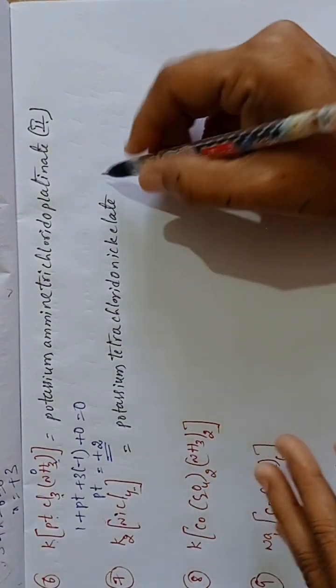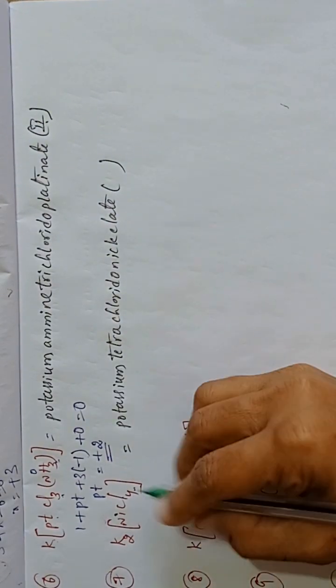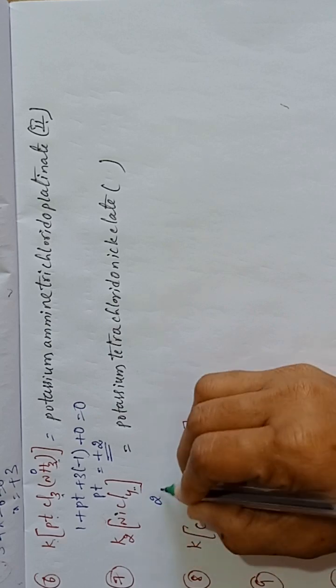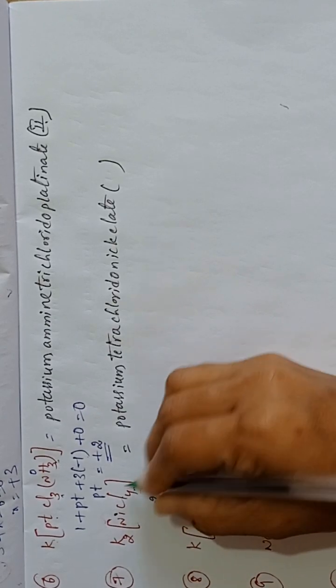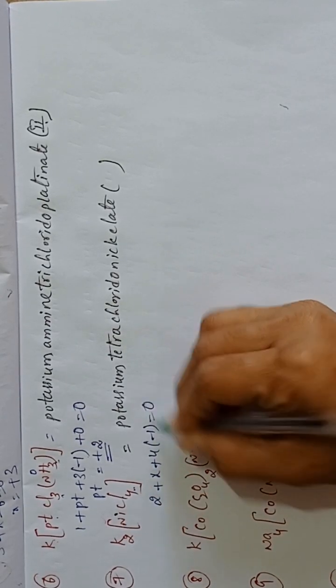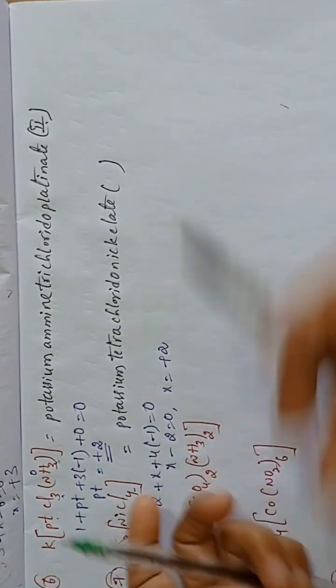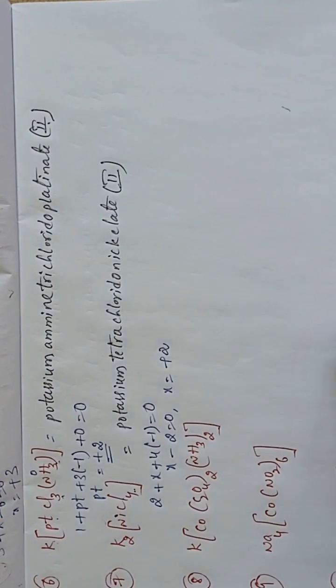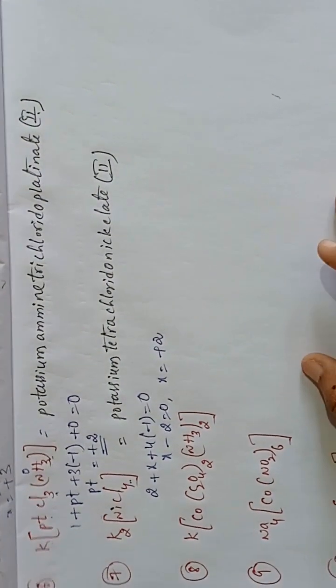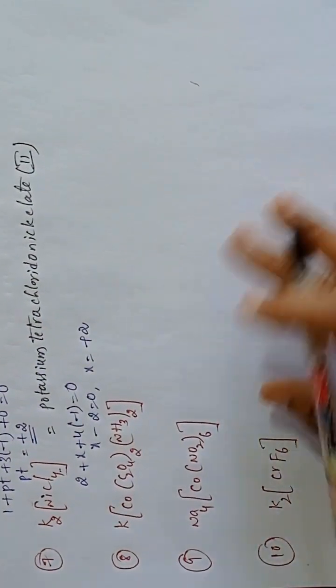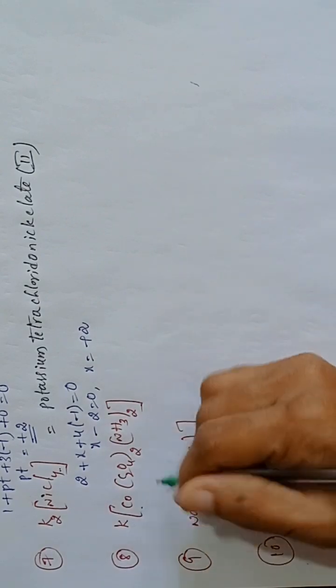After that, you have to add the suffix ate. So what is the oxidation number? 2 potassiums are there. 2 into plus 1, 2 plus nickel X. 4 chlorines are there, 4 into minus 1. Then X minus 2 equal to 0. X is equal to plus 2. So what is the oxidation number? Plus 2. Clear this one? So like this you have to calculate, students. And next, the third example, potassium.